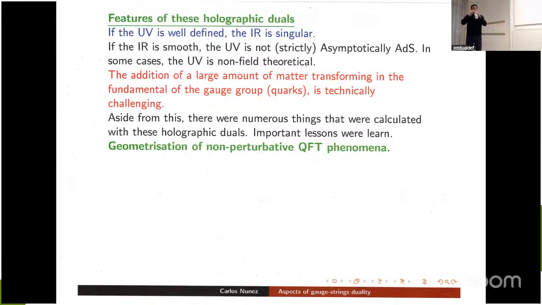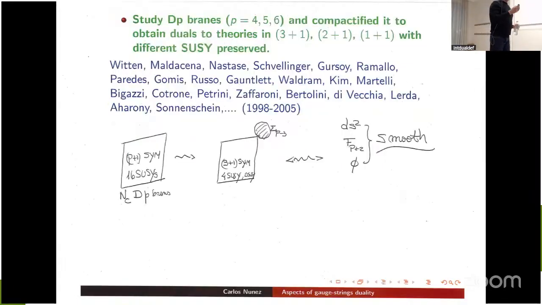Please. On the previous slide, you said that there are certain theories that interpolate between different dimensions between the UV and the IR. Why did you say that was a disadvantage? Right. Why is this a disadvantage? Take, for example, the case p equals 4 there. Right? So this is a 4+1, 5-dimensional Yang-Mills. Okay. You know that theory is non-renormalizable, right? You just look at the dimensions of the gauge coupling, it's non-renormalizable. Okay, you say, well, whatever. We are going to compactify and we are going to look at it at low energies.